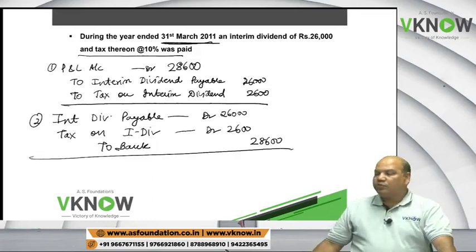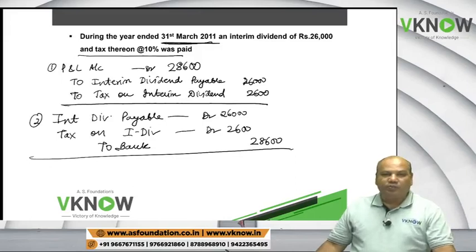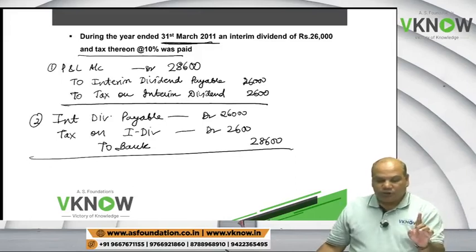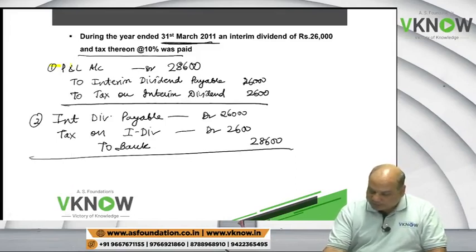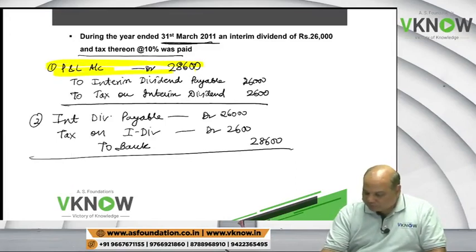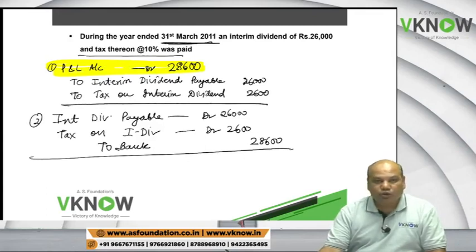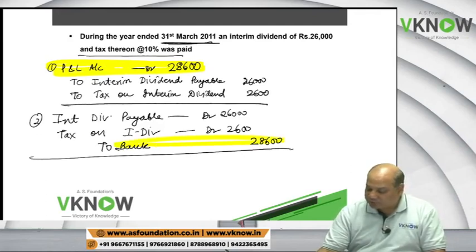So what we are supposed to do when we are preparing the cash flow statement: this P&L account has been debited, reduced, because of this item, but this is actually a financing item.